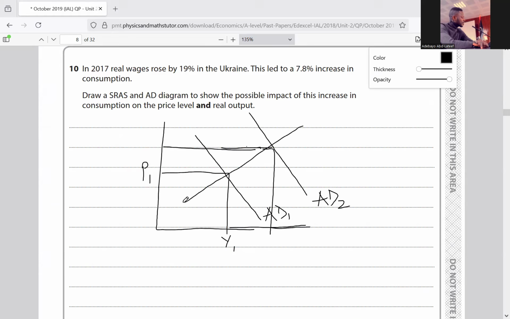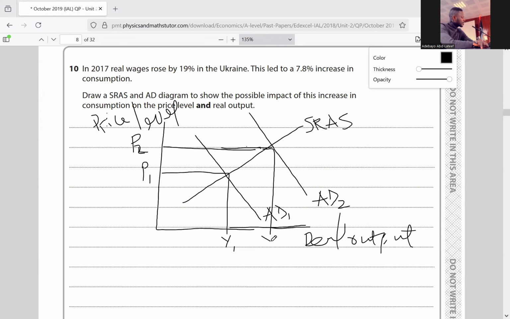We have our short run aggregate supply, and the price level will be P2. So these are our price level, and this is real output, and Y2. So this is the graphical representation of an increase in consumption.